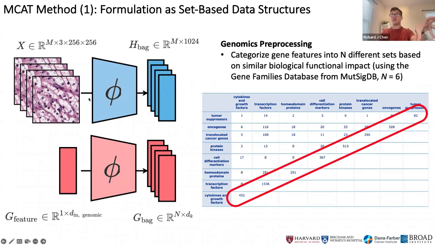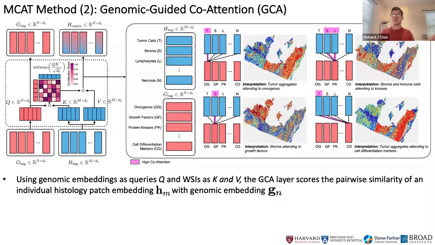Each gene set, let's say for tumor suppressor genes, is a 1 by 82 gene signature embedding, and we would do this for all six of the gene signatures. The key trick is that once we have both modalities formulated as set-based data structures, we can then compute the co-attention between these two modalities.